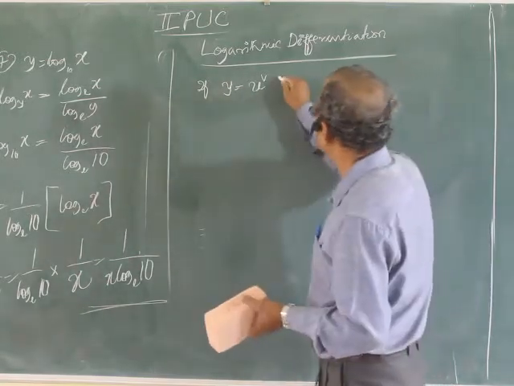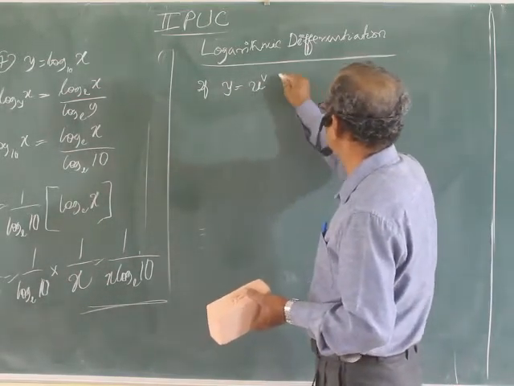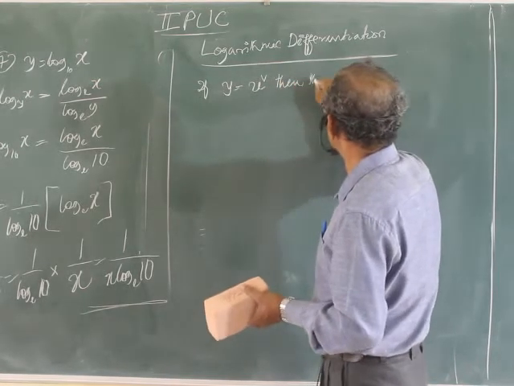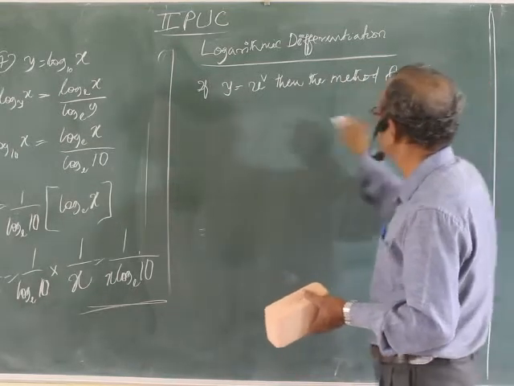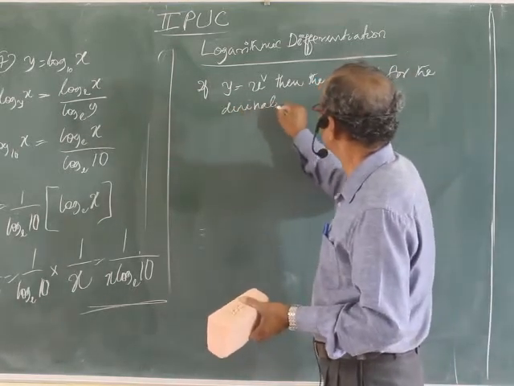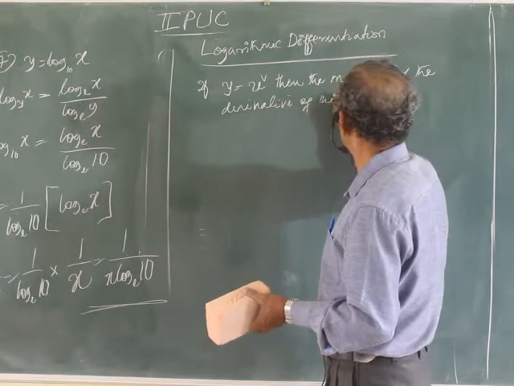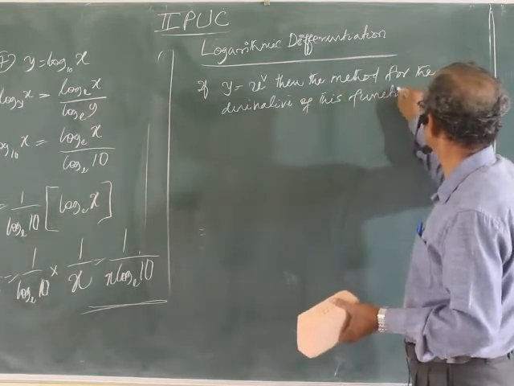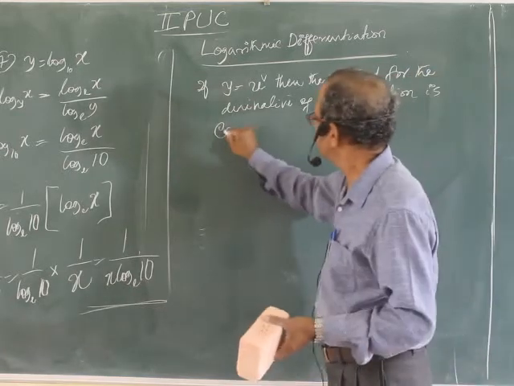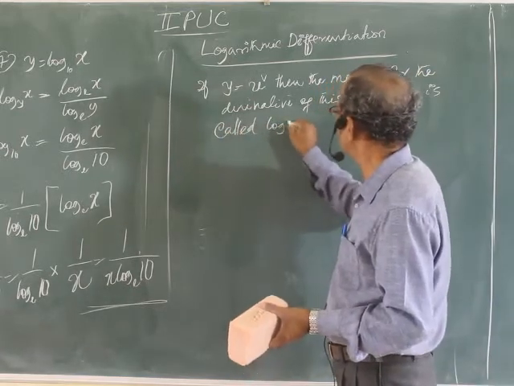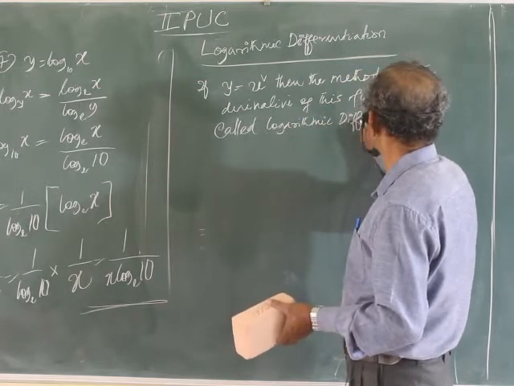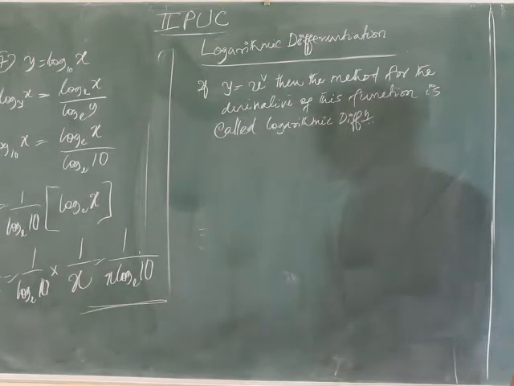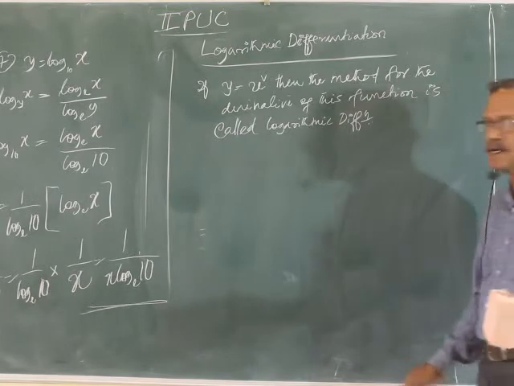Method: if y equal to u to the power v, then the method for the derivative of this function is called logarithmic differentiation.